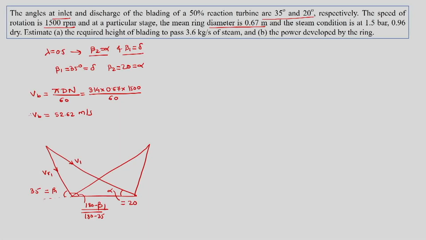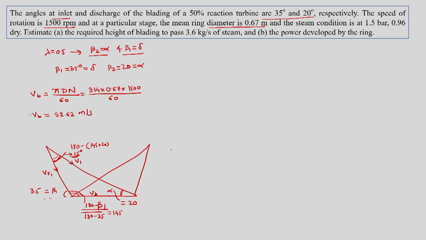Using this we can find out the rest of the things. So we have this angle as 145, and this is 20. So this angle is 180 minus (145 plus 20), and that's why it becomes 15 degrees. So this is a 15 degree angle, this is V1 and this is VB.